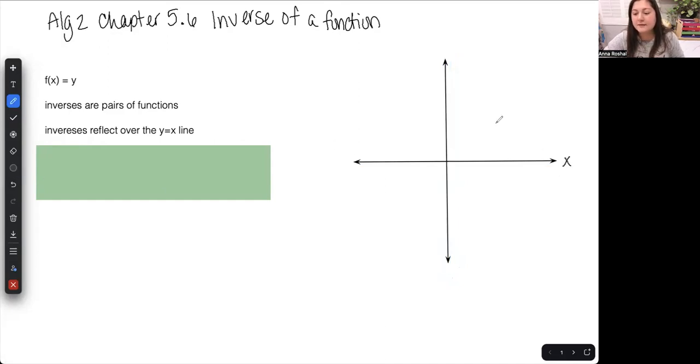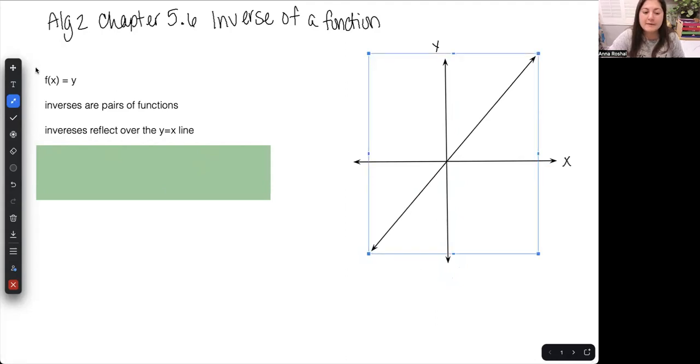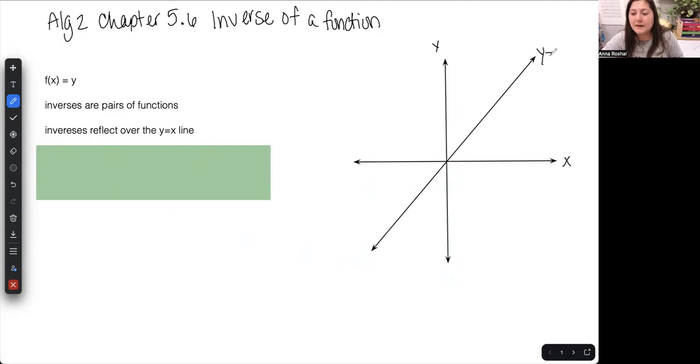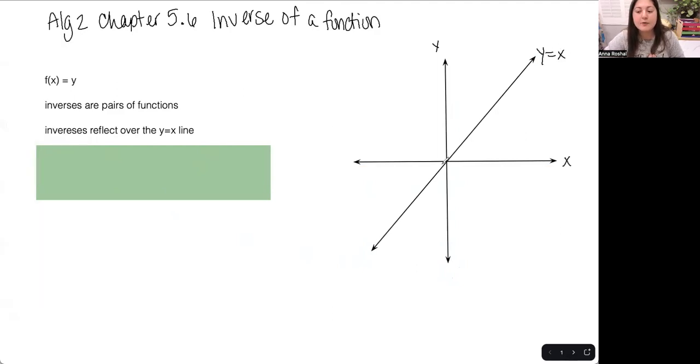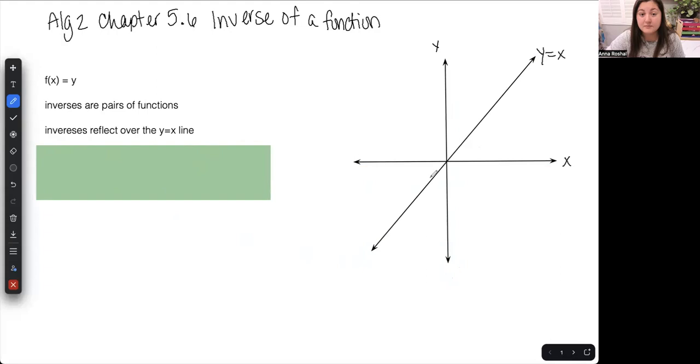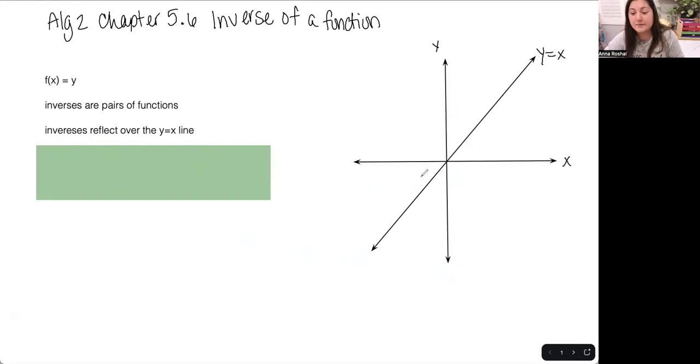And I have here my x-axis, my y-axis, and going across in this direction, I have my y equals x line, okay? So this is my super important line, meaning whatever x equals, y equals the same thing, whatever y equals, x equals the same thing.